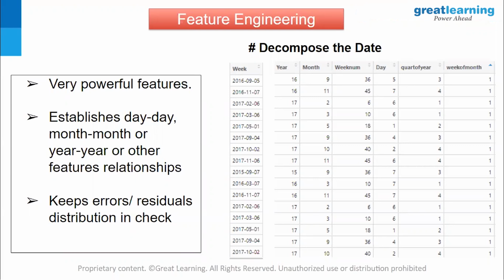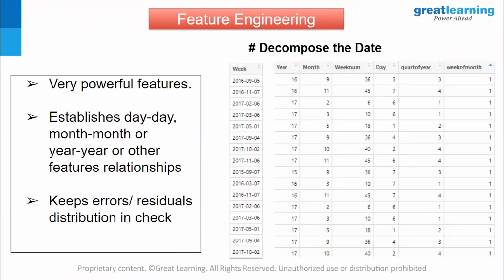Now, if you remember the seasonality in your time series when we used statistical modeling, seasonality is nothing but week to week, or month to month, year to year, that kind of stuff, right? When you tie your machine learning model with these features coming from the date field, you're actually trying to simulate the seasonality. So they become really powerful features.